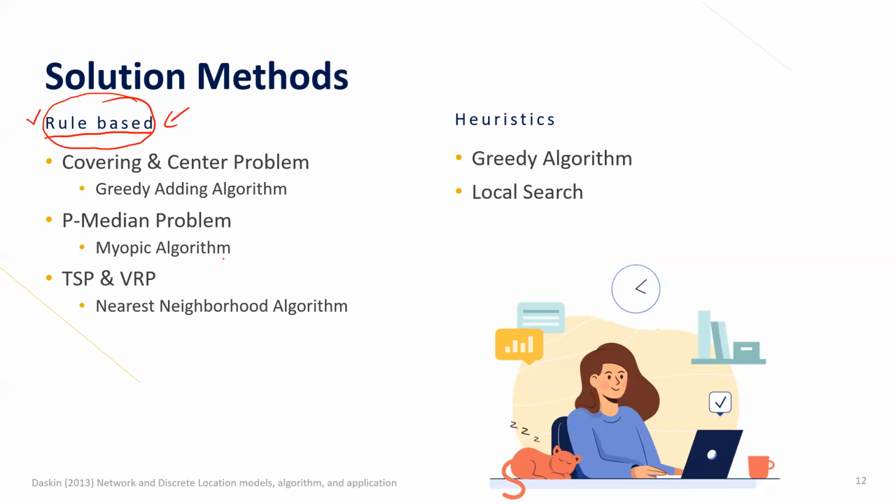But when you move to a problem that is not related, for example using scheduling rules for location problems like the covering center problem or P-median problem, it will not apply. So roughly, it is closely related to the problem.